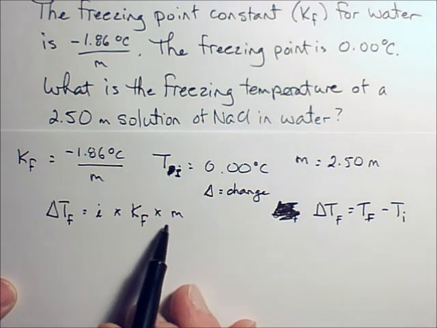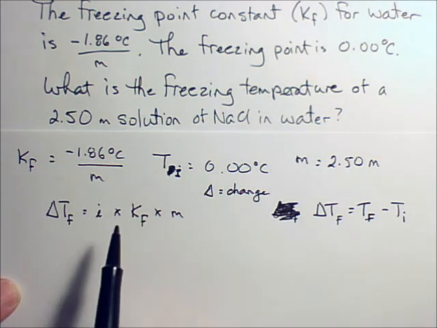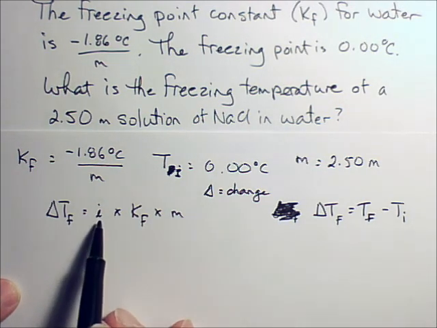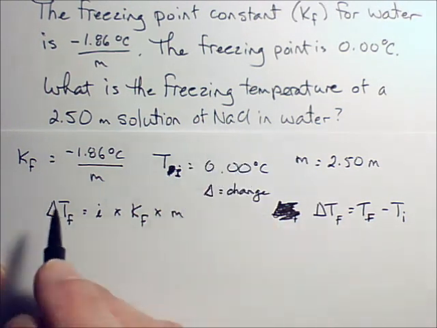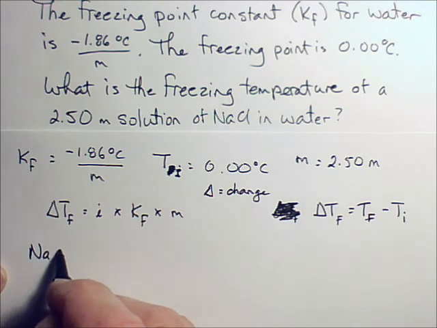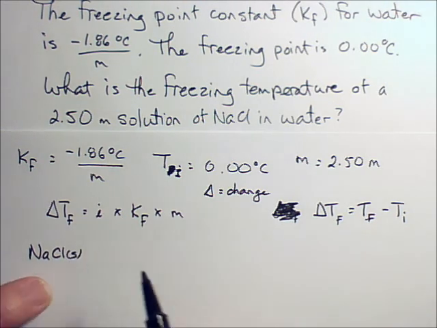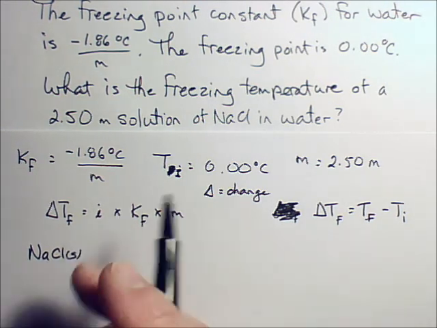All right, so finding this is a matter of plugging things in. I've already got this one. I need to find i. Since our solute is NaCl, that's just table salt, and it's crystalline on your table.